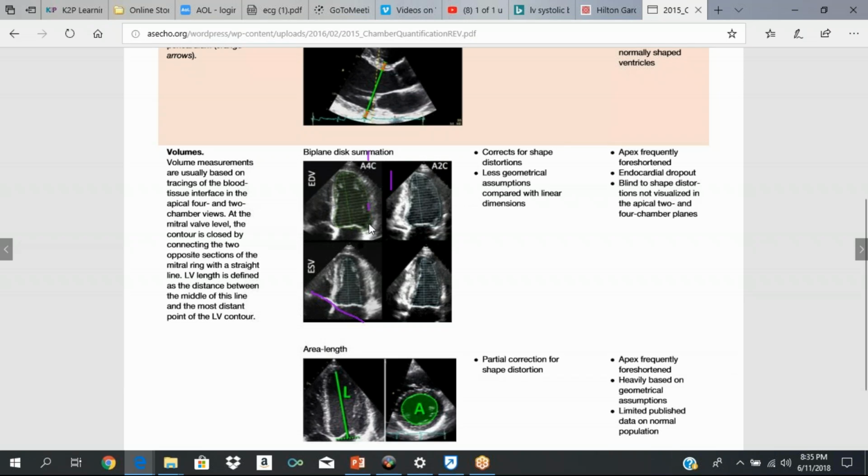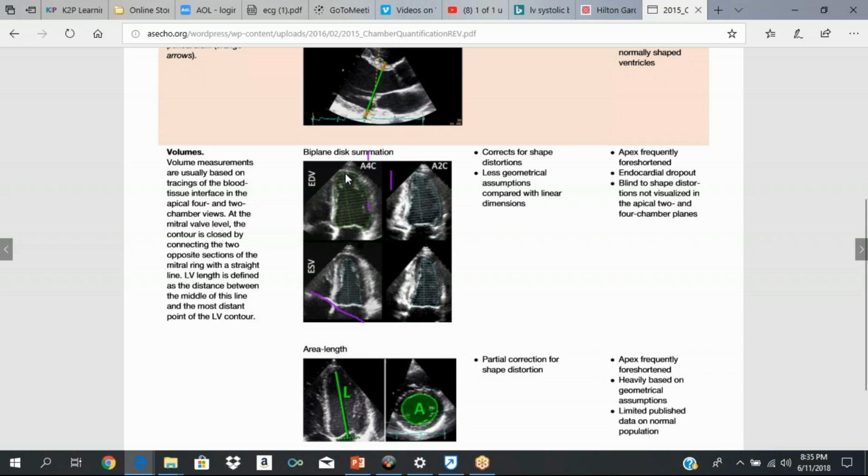When you trace the border, the mitral valvular plane is a straight line. To get the length, at the midpoint of the base, you drop a line straight up to the apex, and that's how you get this length.